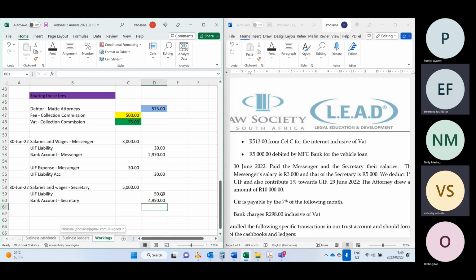But now your secretary is different. Even if you get paid by the Road Accident Fund only after 5 months, it doesn't mean that you will pay your secretary after 5 months. You're obliged, even from your own pocket, as month end is coming, to put in money either from yourself or from what you have saved, for the salary you are supposed to pay on a monthly basis to the secretary or the candidate attorneys.